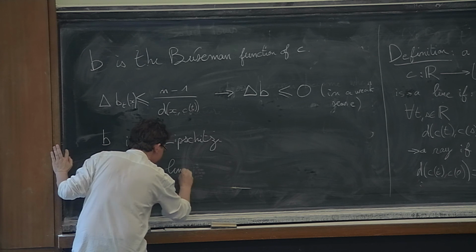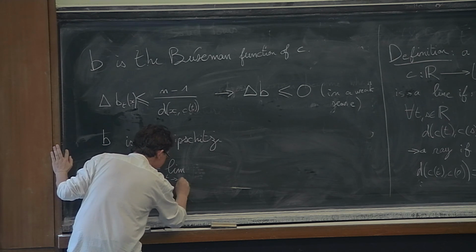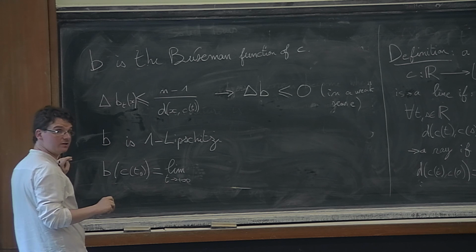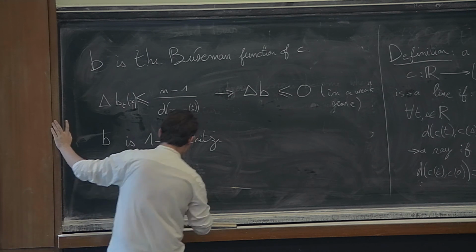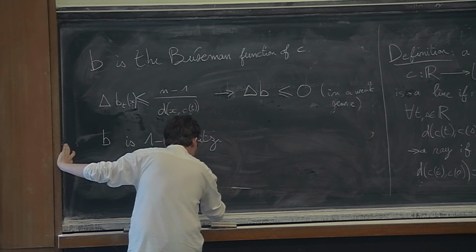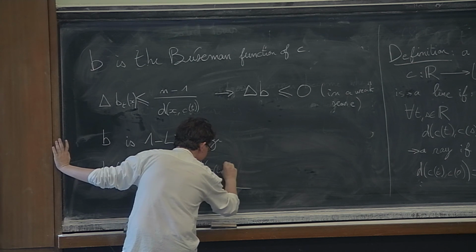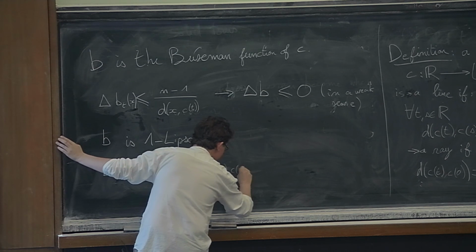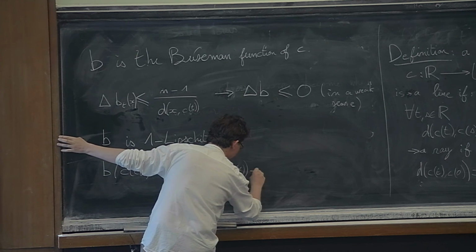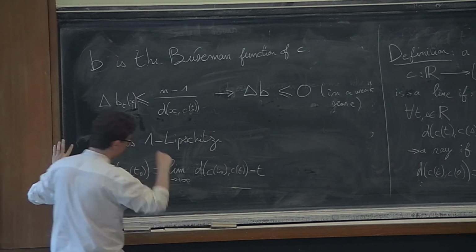So this is the limit as t goes to plus infinity of, let's say, d(c(t_0), c(t)) minus t.